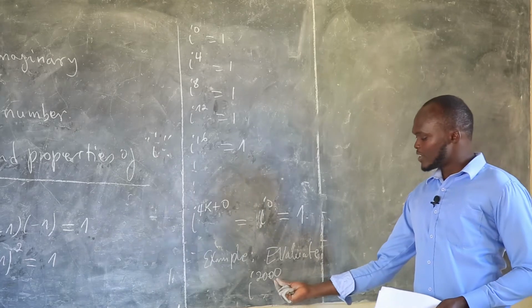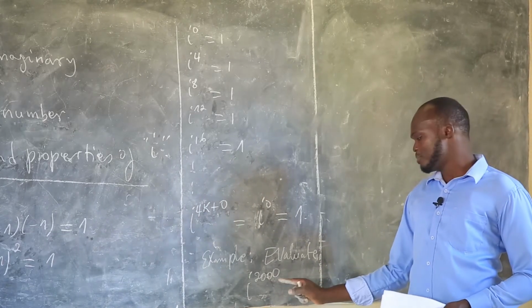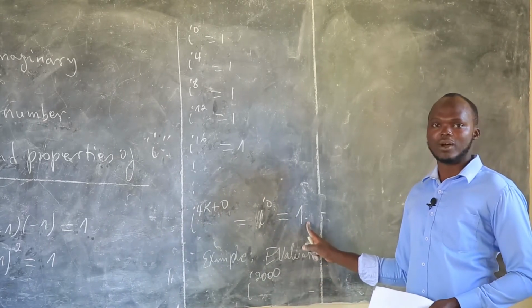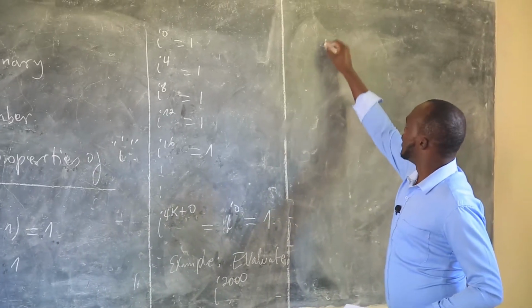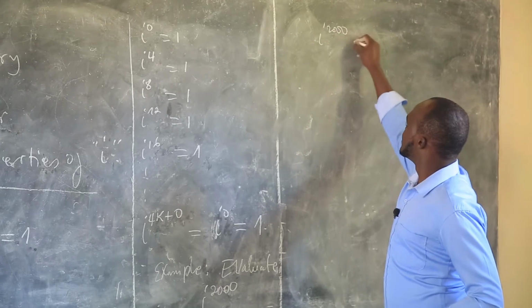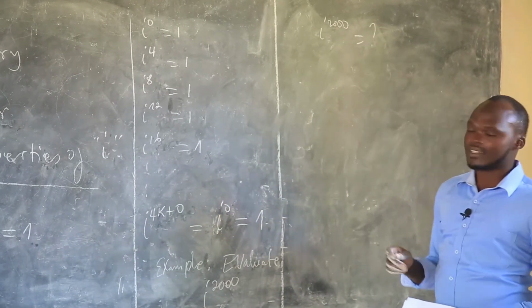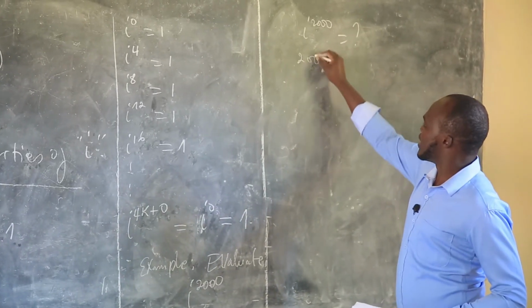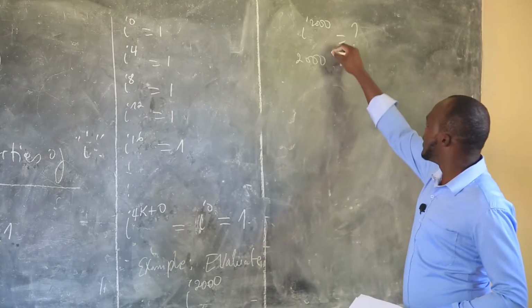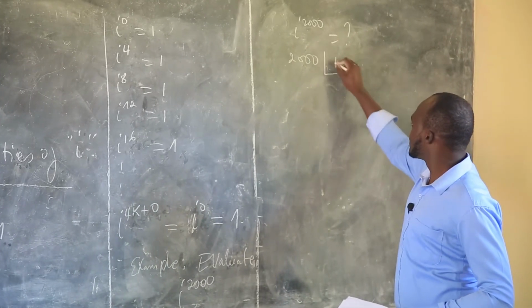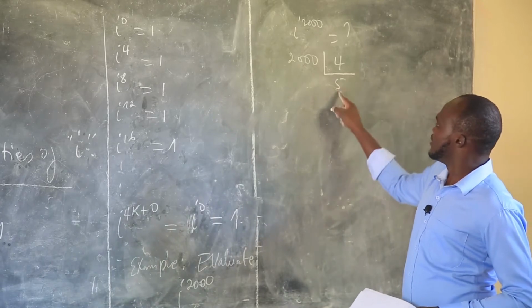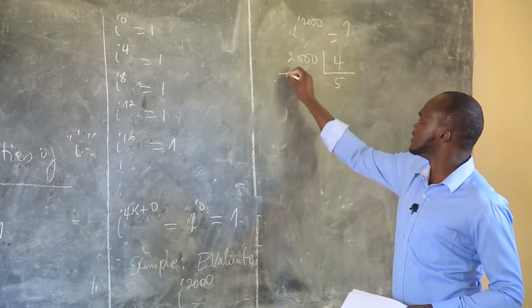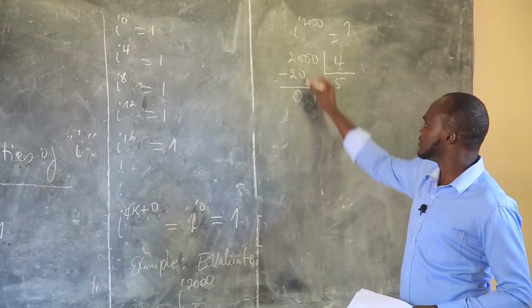If I divide this by 4 and the remainder is 0, the answer will be 1. So I'm going to take i power 2000. I will just take 2000 divided by 4. 5 times 4 is 20. Remainder 0.